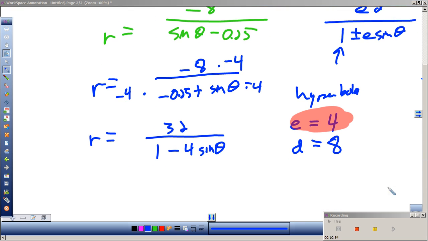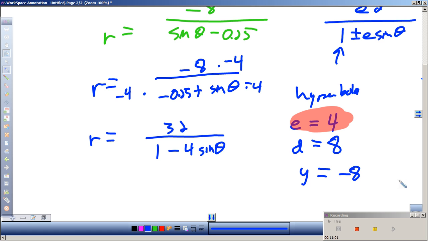What is your directrix? y equals negative 8. Do you see why that is? Are d and e always positive? Yes. So what is in the top is negative 28?